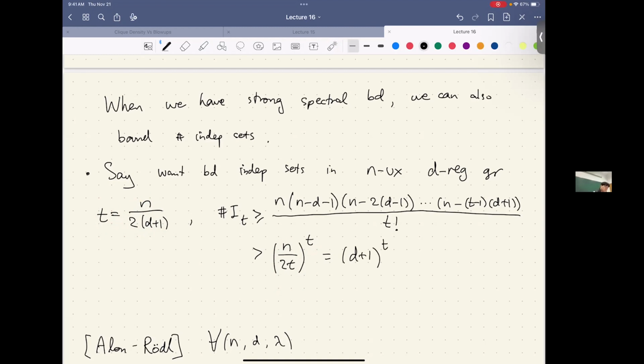So in any n vertex d regular graph, if you look at independent sets of roughly the greedy size, there are d to the T of them for this T. But if you look for something slightly larger, there are much fewer. That's what Alon and Rödl showed.